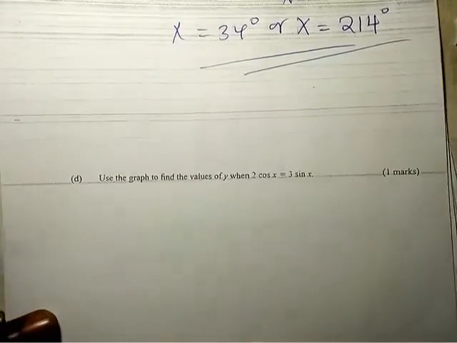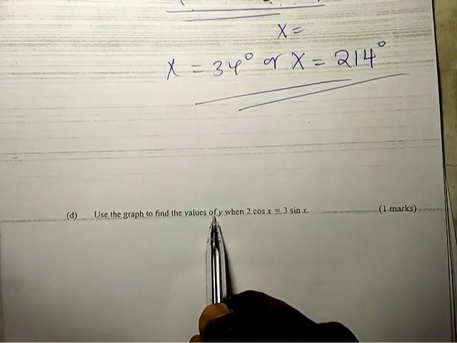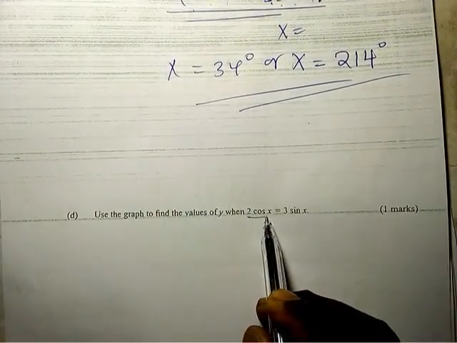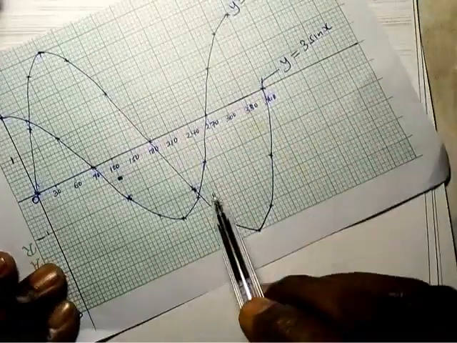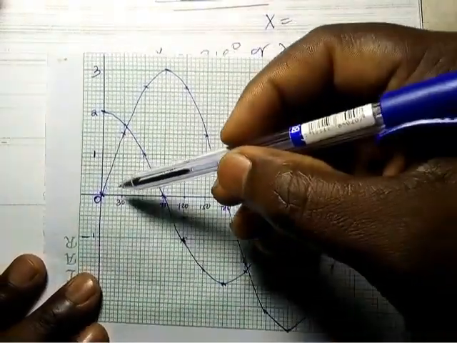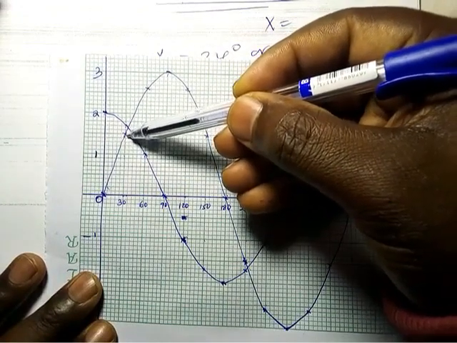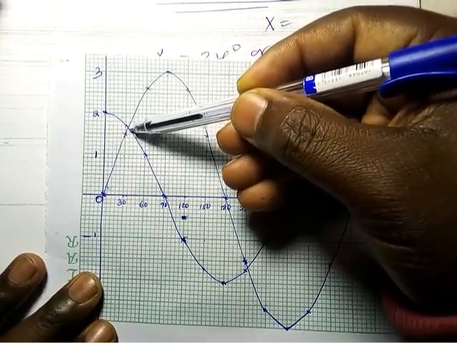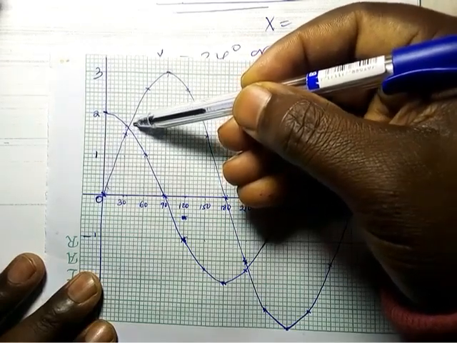Next one. Use the graph to find the values of y when 2 cos x is equal to 3 sin x. So where these two are meeting, here and here, we want the value of y. So we just read the value of y up. Here it will be 1.65.